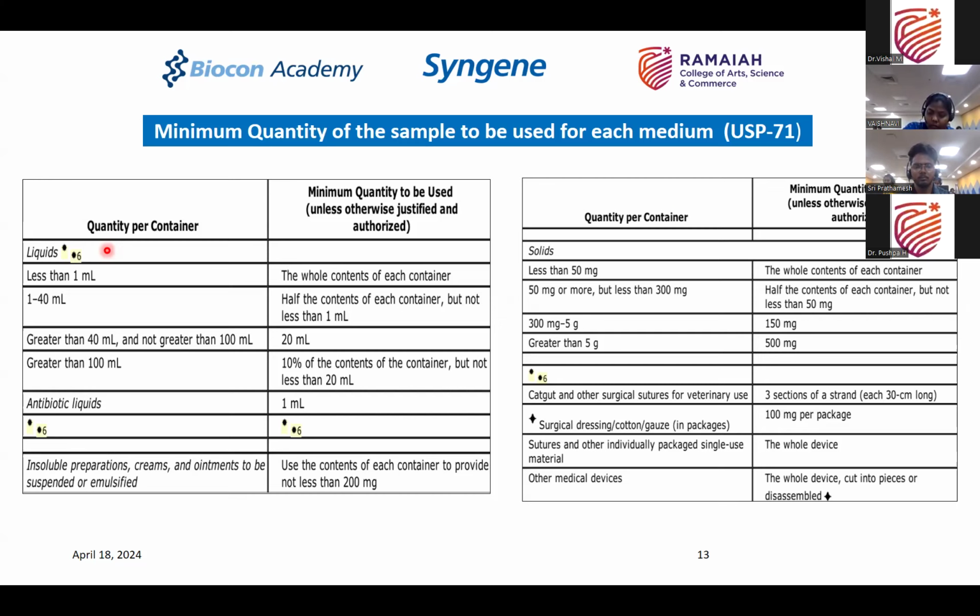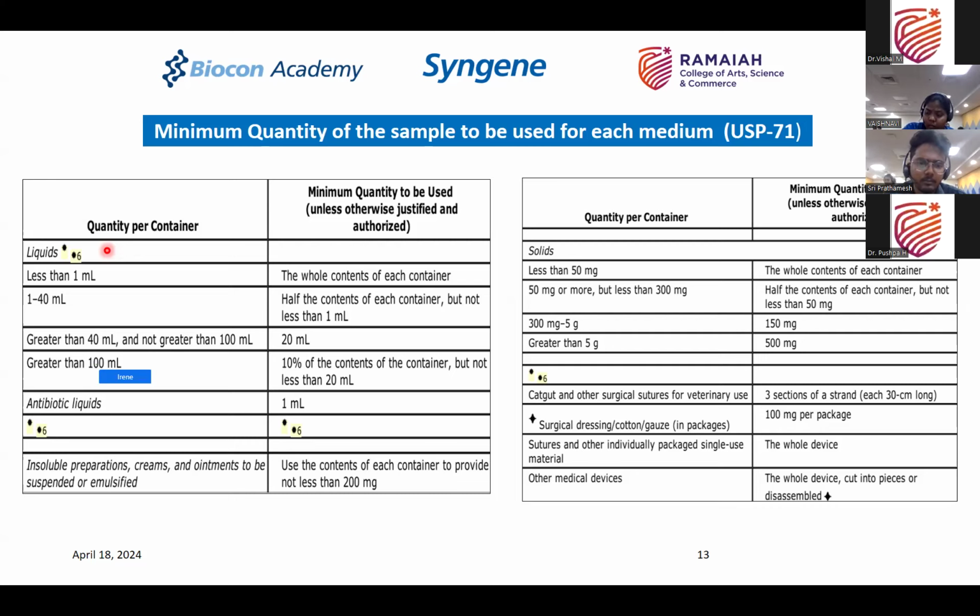So if it is liquid, for example an ampule or whatever it is, if it is less than 1 ml, the whole content of each container has to be used. Now you would have selected samples, 2% or 4 samples or 5% or 2 samples, whatever you would have collected.